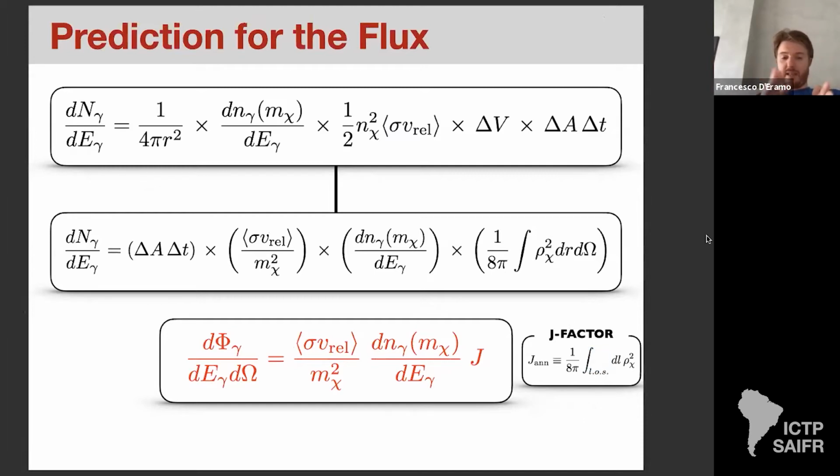The line of sight inside an infinitesimal solid angle element, okay? So this is given a WIMP model, or dark matter model in general, if you want to know the flux that you detect here, the WIMP properties only come through this prefactor here. Then there is a function which is known from our study of standard model physics at colliders. And then the astrophysics is inside this J factor here.